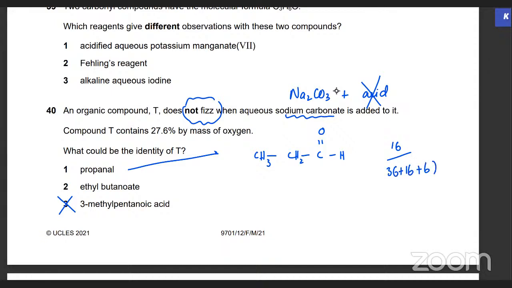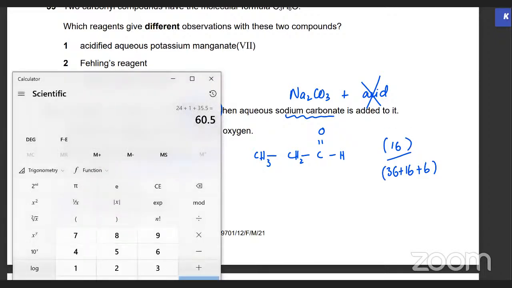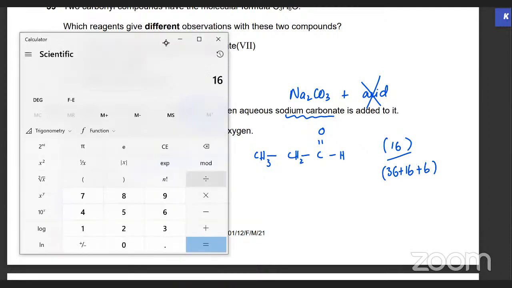So that's 6. Then into 100 karo. So what would you get for that? That would be 16 divided by brackets 36, 3 carbons, plus 16 plus 6. Then you get 13.55%.